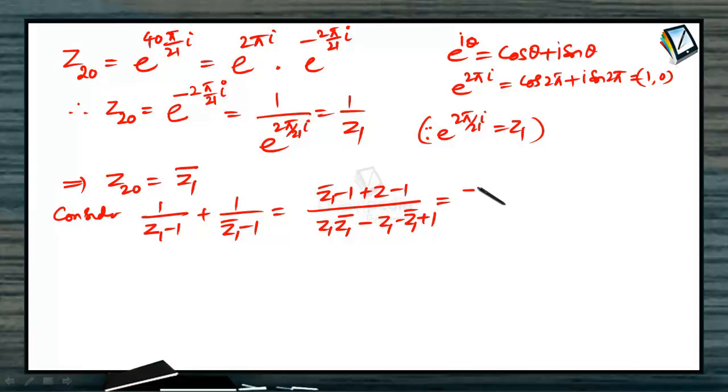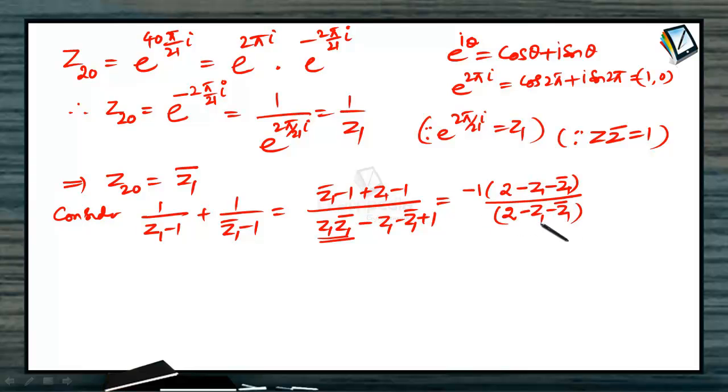If I take minus common, it is minus of 2 minus z1 minus z1 bar, divided by, here z1 into z1 bar is always equal to 1 for a unit complex number. Therefore the denominator becomes 1 plus 1 minus z1 minus z1 bar, which is 2 minus z1 minus z1 bar. So both numerator and denominator are equal, they cancel and the result is minus 1.